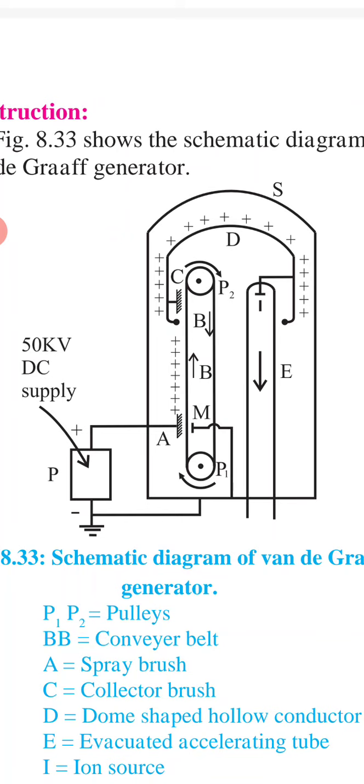As the dome is hollow, the charge is distributed over the outer surface of the dome. If its potential rises to a very high value due to the continuous accumulation of charges on it, the potential of the electrode I also rises to this high value.